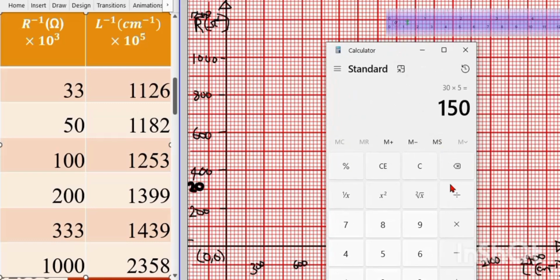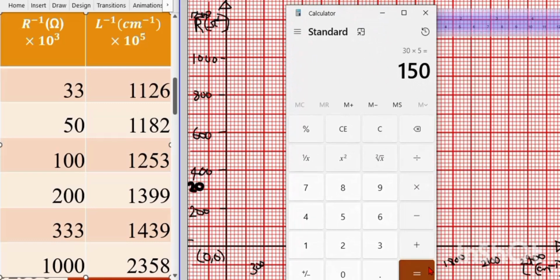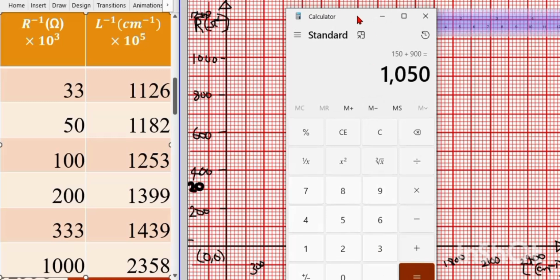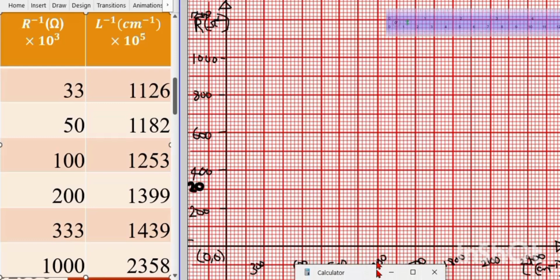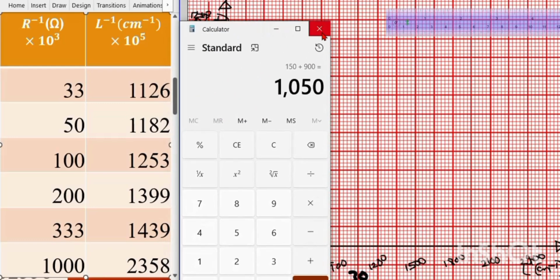150 plus 900 gives us 1050. I think what we are trying to see now is that 1126 is closer to 1200 than to 900. So why not we come this way?